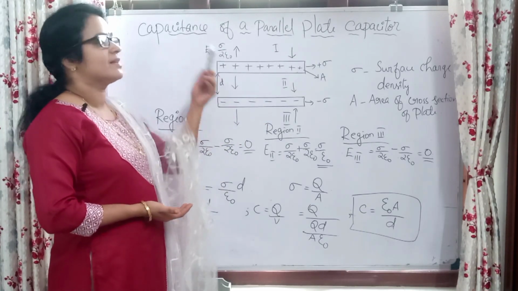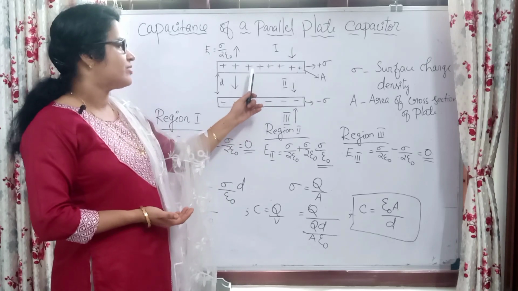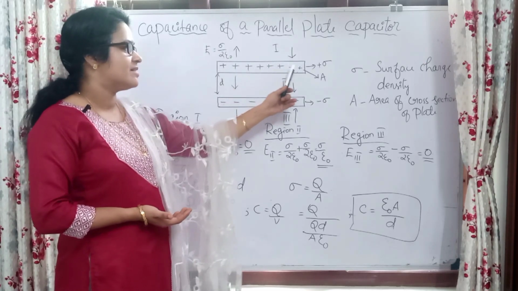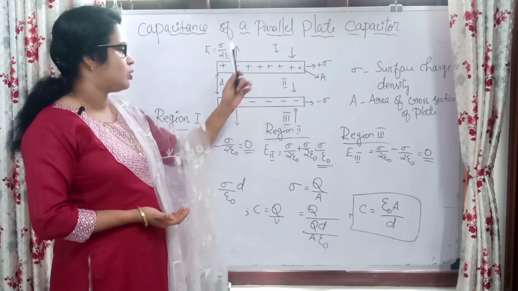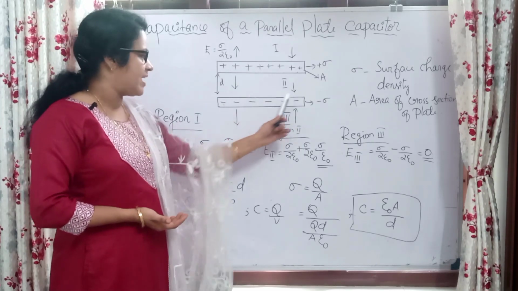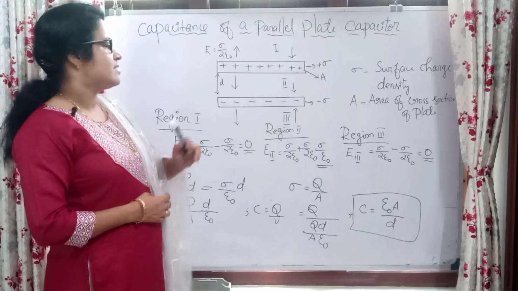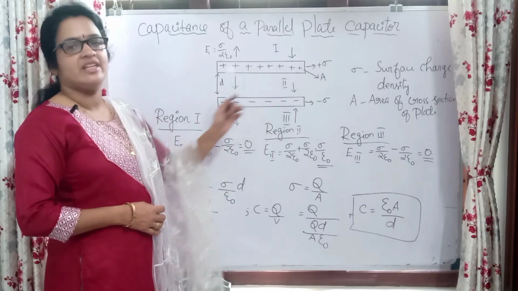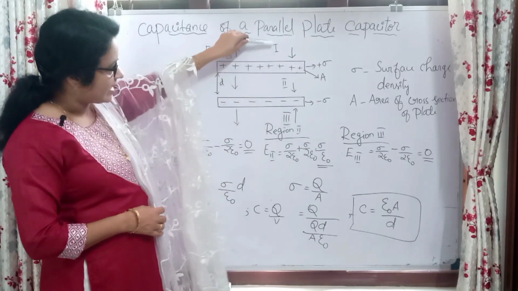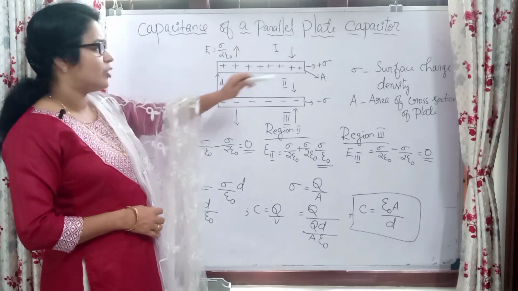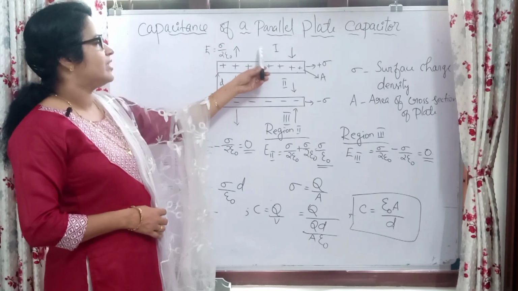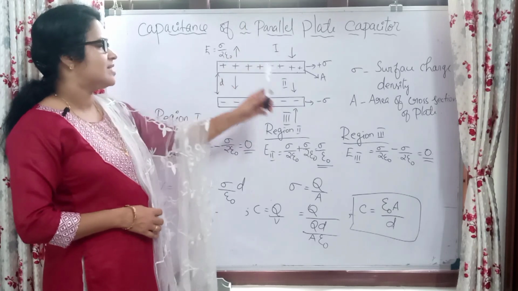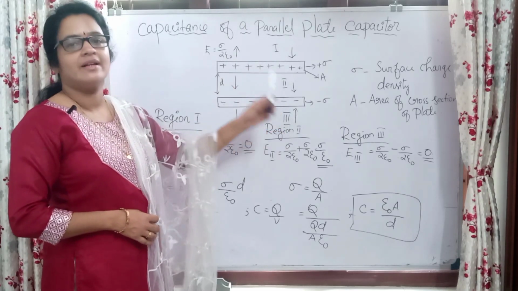Now here we consider a parallel plate capacitor. Here we can see two plates. This one is positively charged, plus Q, and this is minus Q. Two plates are taken here, and we can divide the space into three regions: this is the first region, this is the second region, and this is the third region.